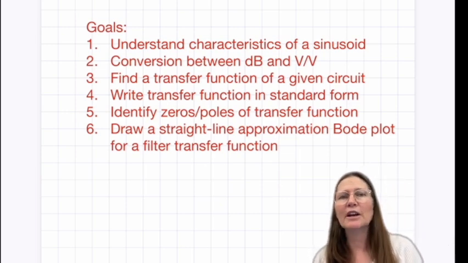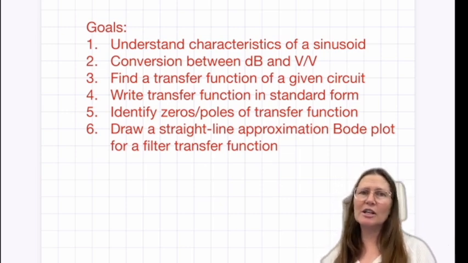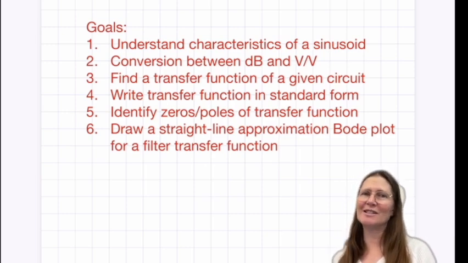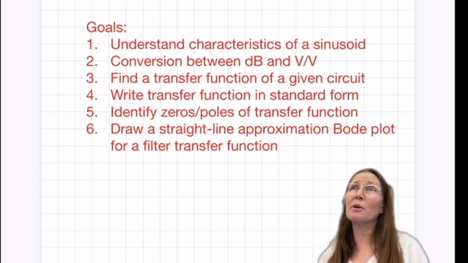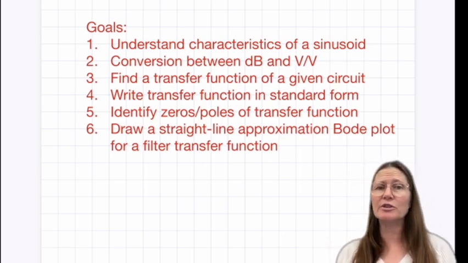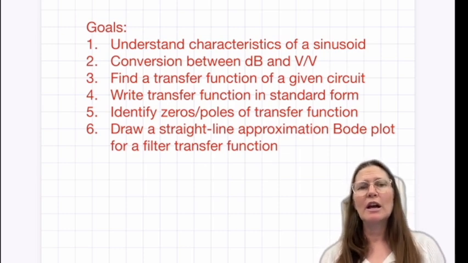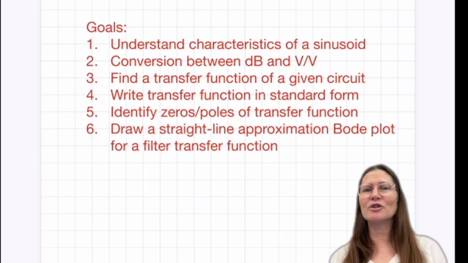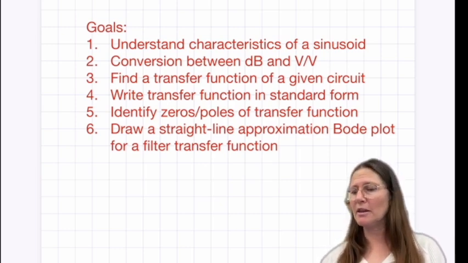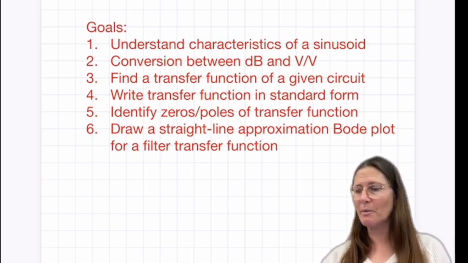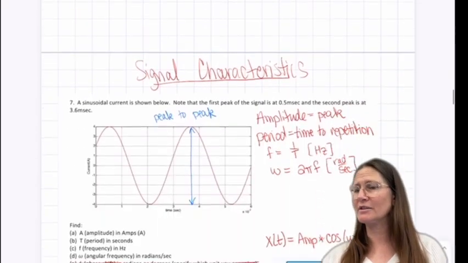Then we want to find a transfer function of a given circuit and write the transfer function in standard form, and get some information from the transfer function, which is called a zero or pole. Then we want to start learning how to draw these straight line approximation Bode plots. And with that, we're going to talk about filter transfer functions too. All right, so that's what we're going to do today.